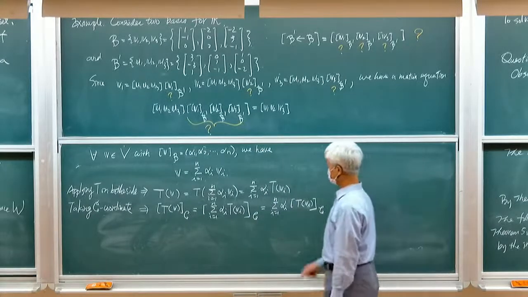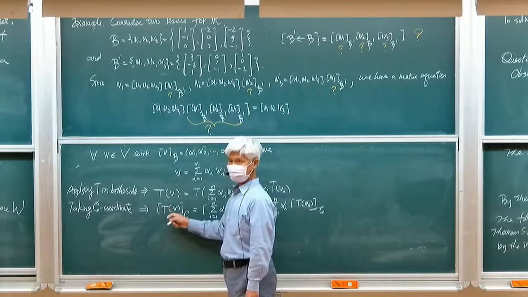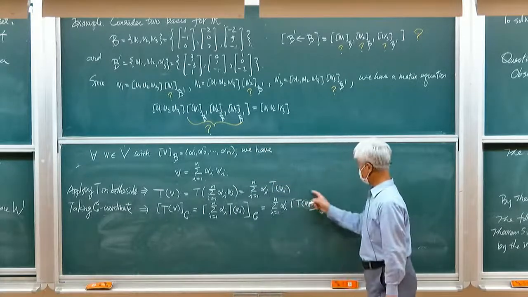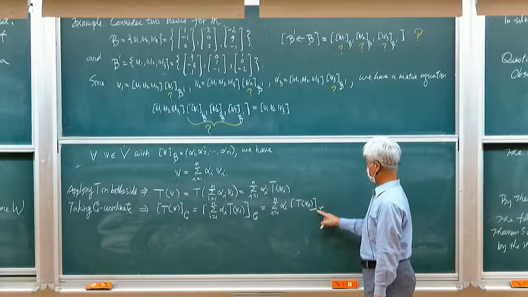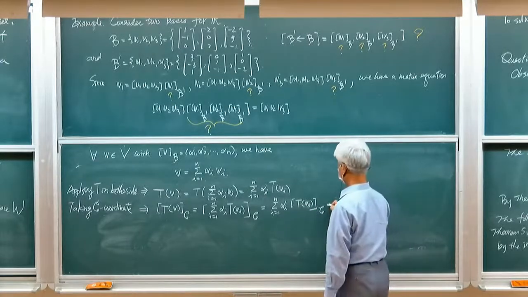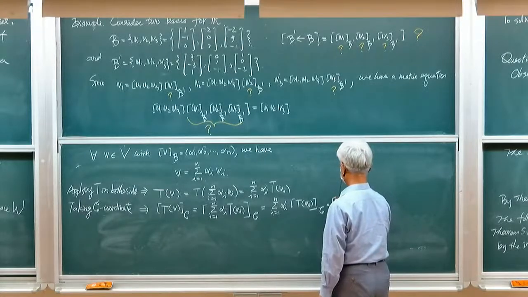Okay. So now this is a column vector, right? In Euclidean space, and also each of the bracket T of Vi sub C is also a column vector. So now we are able to write down a matrix equation.